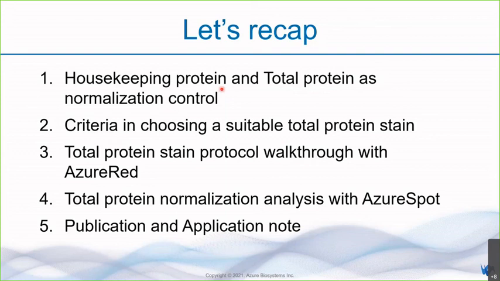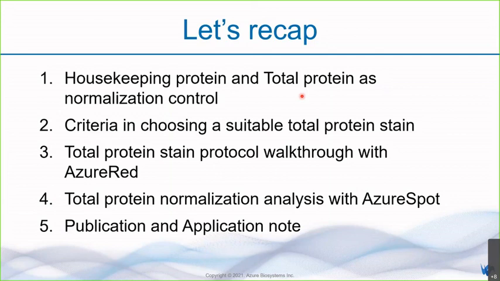But total protein in that sense will give you less variation because of its nature. The comparison is very simple: one band versus multiple bands. Multiple bands will definitely lower the probability of having errors and minimize the variation. This is for sure, by mathematical means.